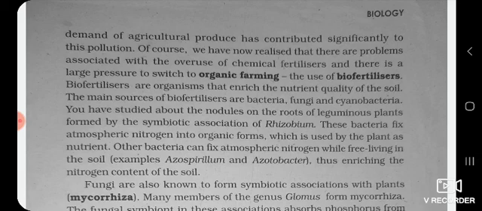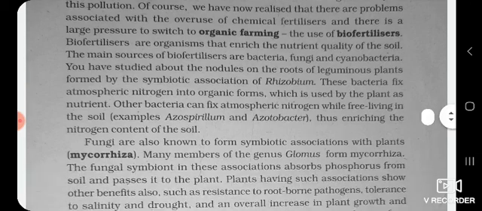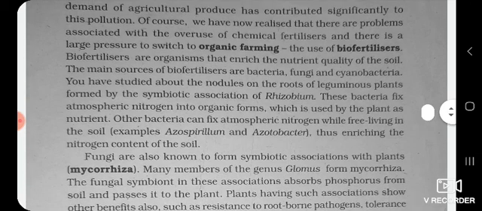Of course, we have now realized that there are problems associated with the overuse of chemical fertilizer, and there is a large pressure to switch to organic farming, the use of biofertilizer. So this line again states how biofertilizer or organic farming is important to avoid the drawbacks or side effects of the fertilizer.